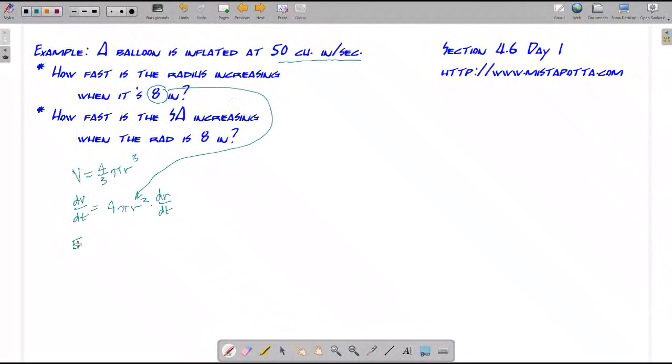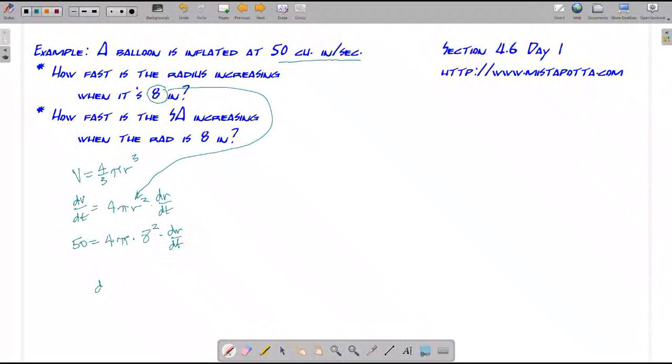So 50 equals 4 pi times 8 squared times dr/dt.